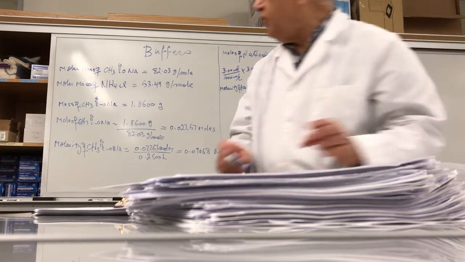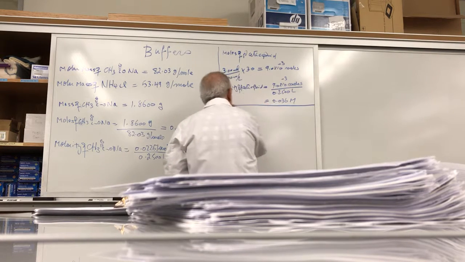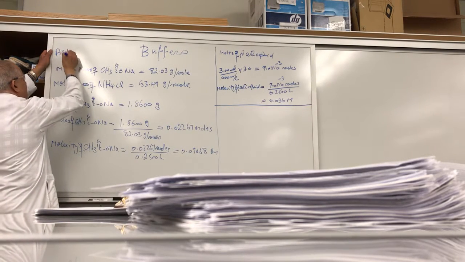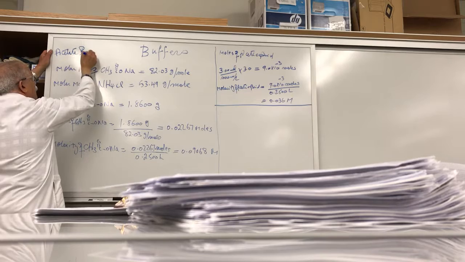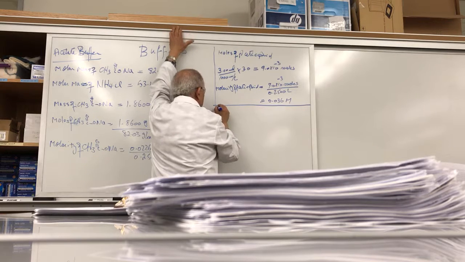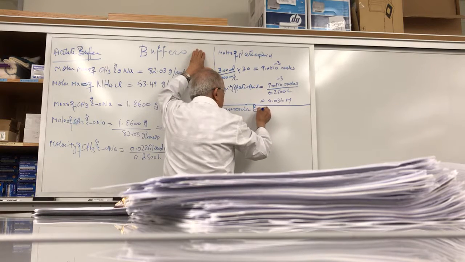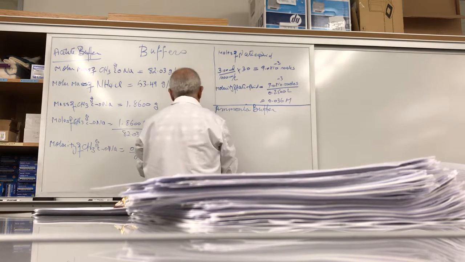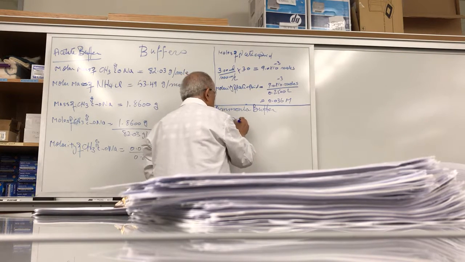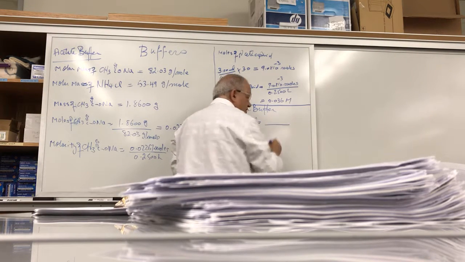We're going to do the same thing for the ammonia now. This is the acetate buffer, and I will call this the ammonia buffer. For the ammonia buffer, I need to find the moles of ammonium chloride, NH4Cl, which equals the mass of the ammonium chloride divided by the molar mass.